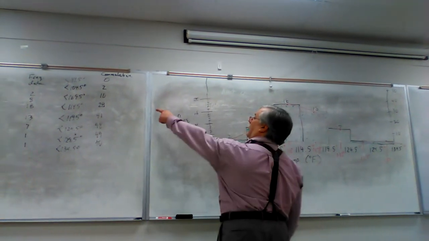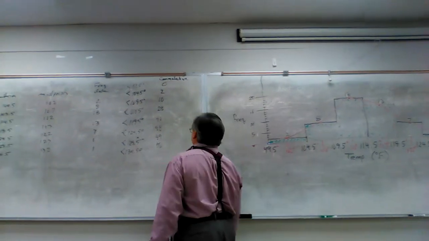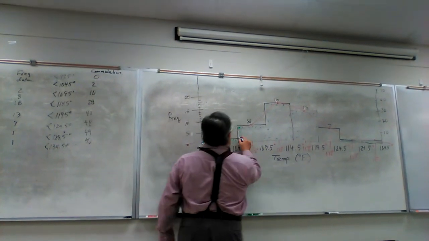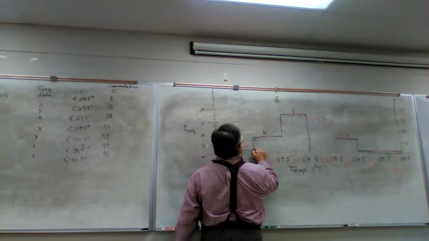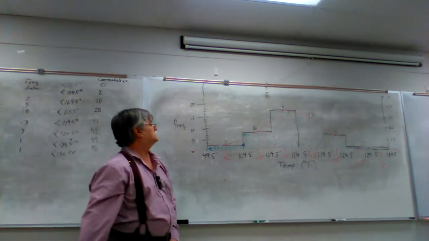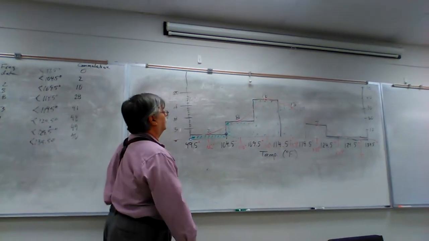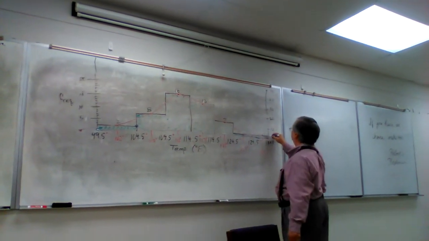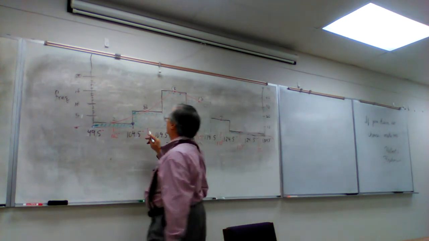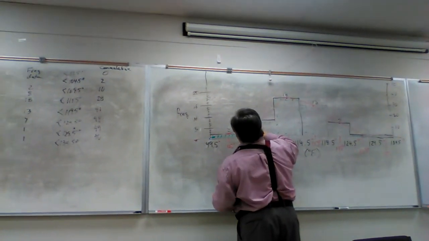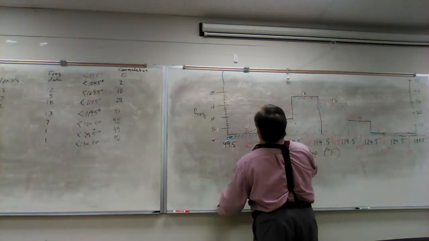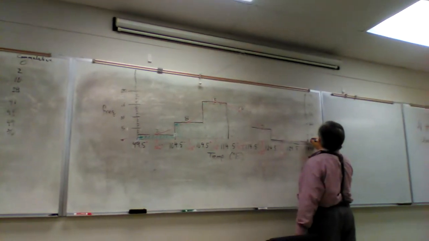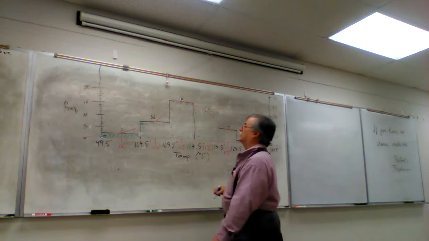Now, the next one is at less than 104.5, we have 2. So I'm going to come over here to 104.5. And there's my 2. Now remember, I'm now using this scale, so this would be actually too high. Two would be about, let's see, 2, 4, 6. It's going to be close enough, I guess.